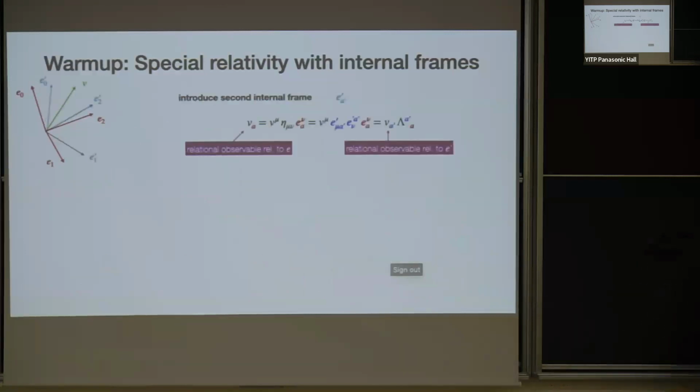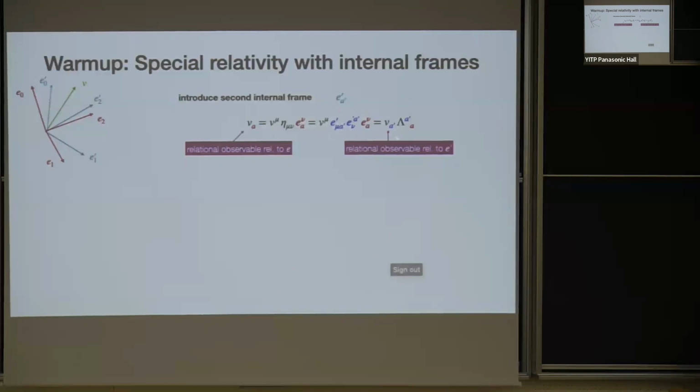Now we can insert a second such tetrad into the game. And now we can also look at the transformation laws between the relational observable describing the velocity relative to the first frame and the second frame. You can do that by replacing eta here by the normalization condition for the second frame.